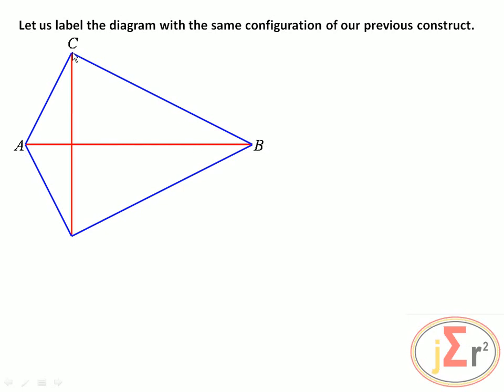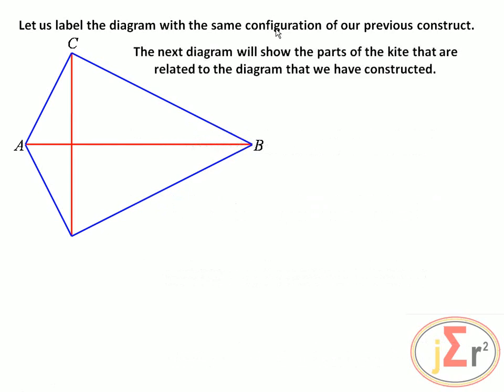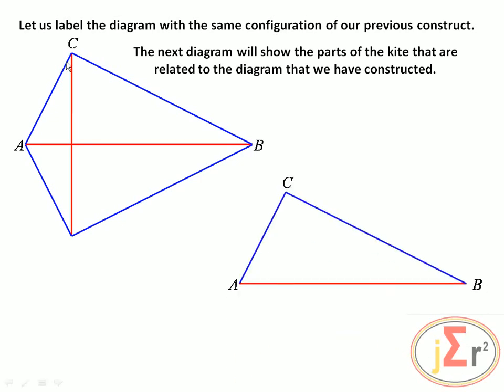That is our triangle A, B, C. It is not exactly like this, but we can make an analogy between the two of them. The next diagram will show the parts of the kite that are related to the diagram that we have constructed. Right. So the diagram that we have constructed is a triangle that is like this, A, B, C.